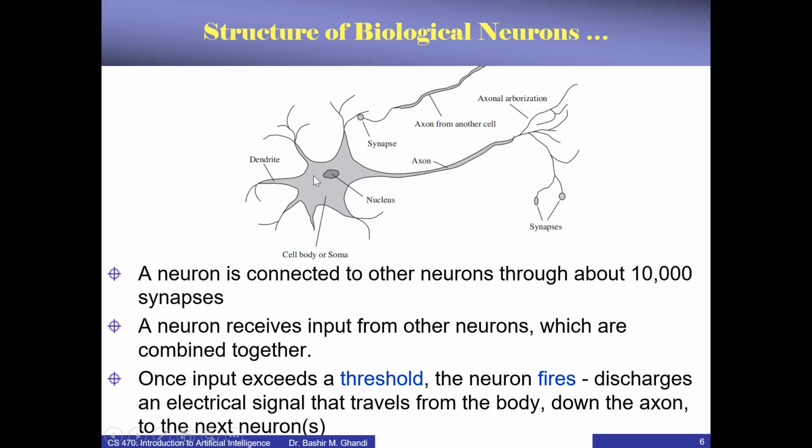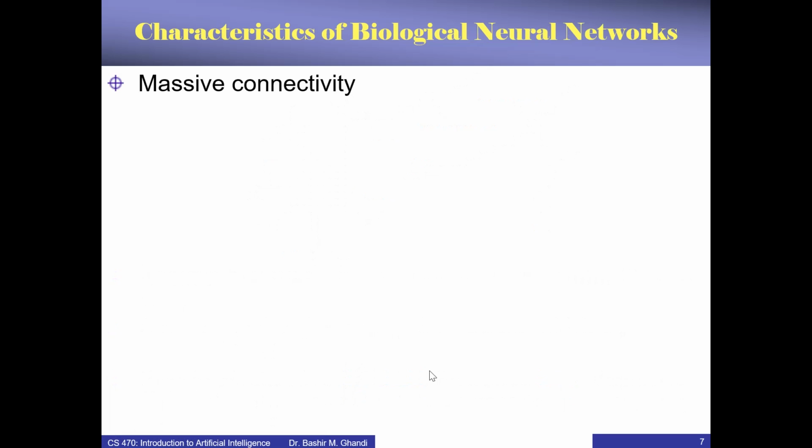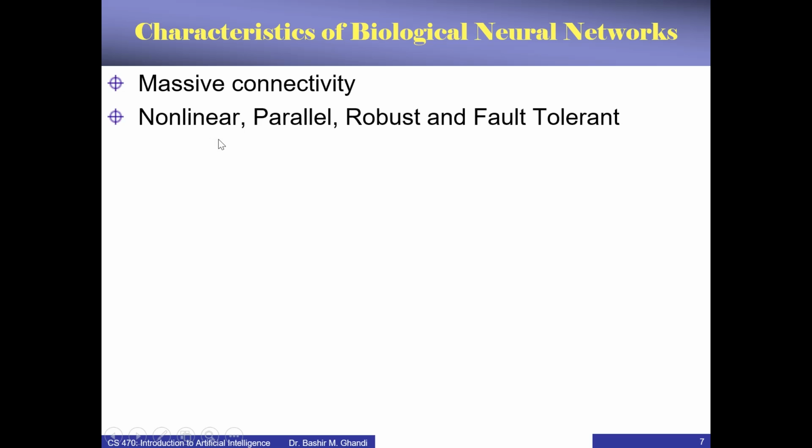So you can see that the information has to be combined together, and this neuron will only fire when the input exceeds a certain threshold. So you can imagine, therefore, that biological neurons, in terms of their characteristics, are massively interconnected. They operate in a non-linear, parallel, robust, and fault-tolerant manner.